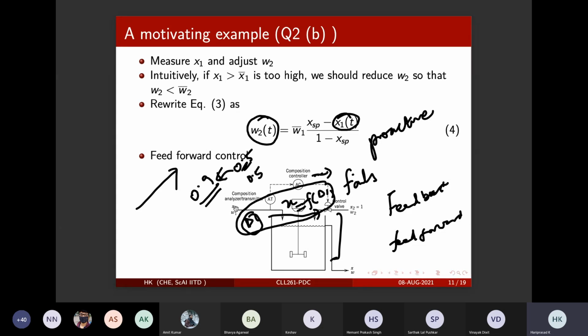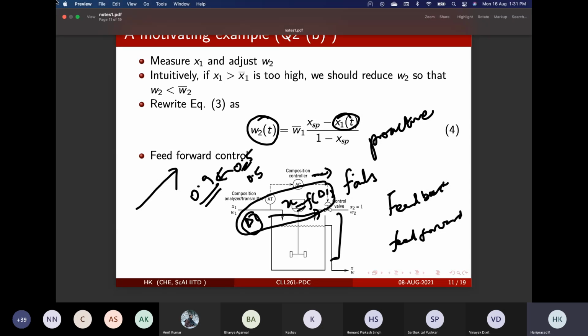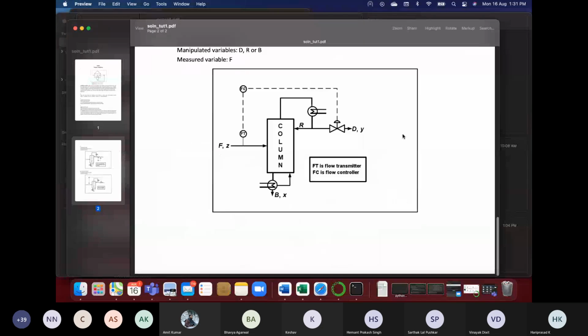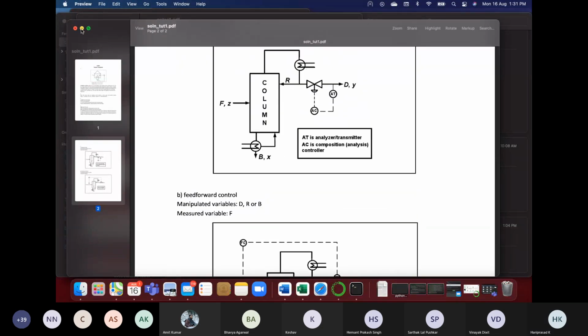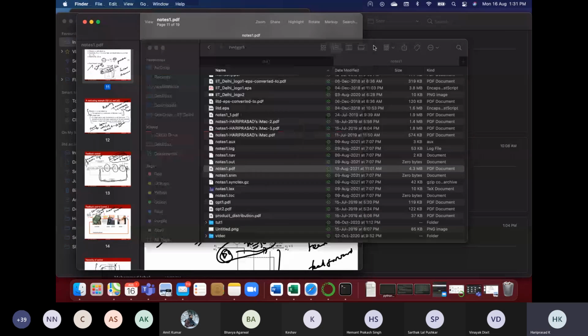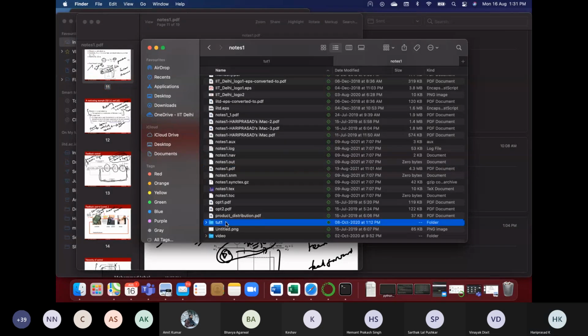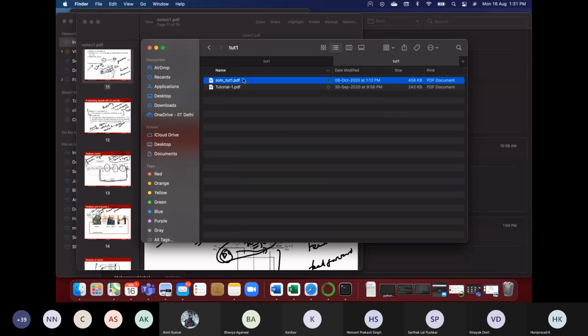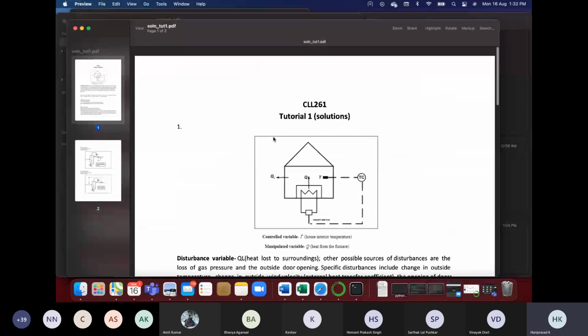Here the input, whatever the change, is a totally different variable from the one you are planning to control. You are anticipating that if there is a change in X1, then what would the output be, and then you go back and correct the same thing. While in your question, what is happening? Give me a minute.